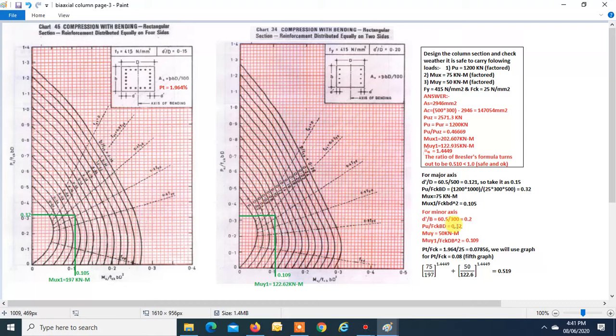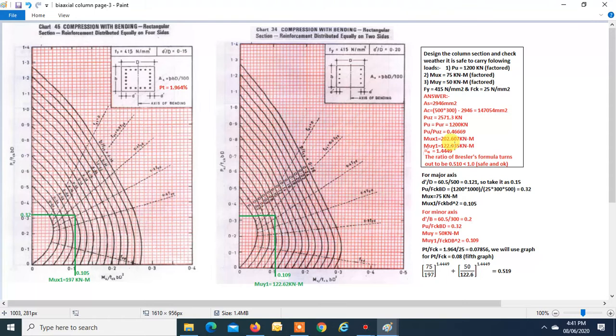PU by FCK B D is 0.32. We'll take the graph where PT by FCK is 0.08, and we get the coefficient 0.109. MU by FCK B D square is equal to 0.109, which turns out to be 122.62. From analysis we got 122.9.